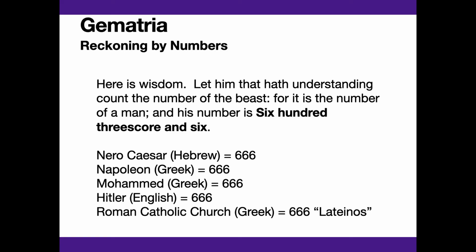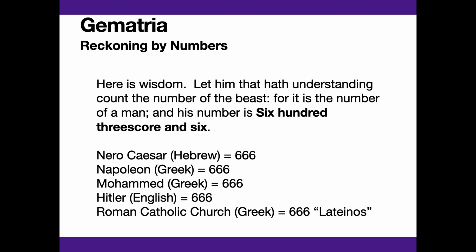Yeah, I have understanding. I want to know who the person is. So many people, the list is infinite. The different people that all equal 666 based on different languages, different gematria structures, etc. Here's just a few to name.